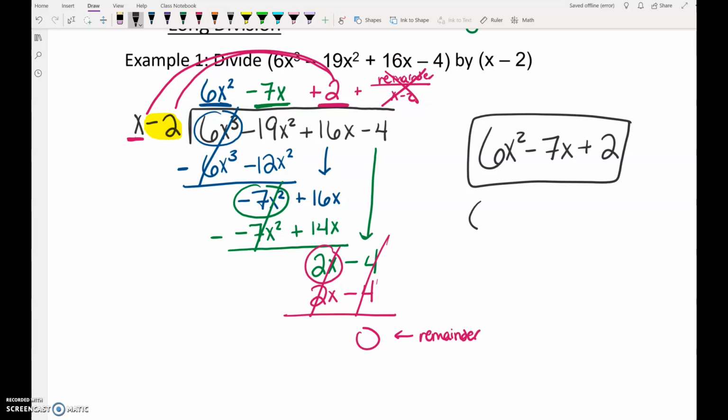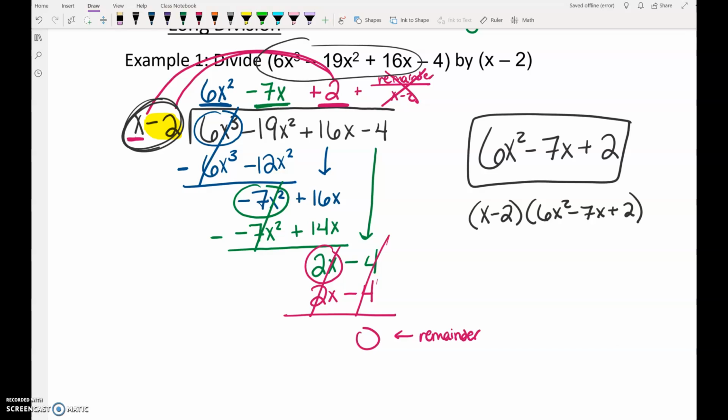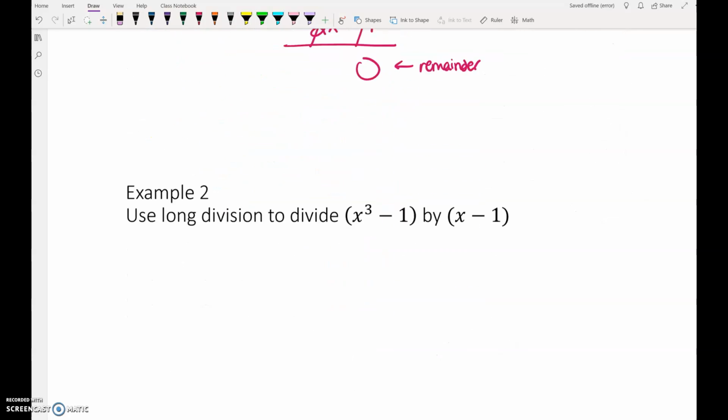If I told you to do x minus 2 times 6x squared minus 7x plus 2, so multiply this thing back in, you would end up with 6x to the third minus 19x squared plus 16x minus 4. So we are undoing this multiplication to get 6x squared minus 7x plus 2. All right, let's move to the second example.